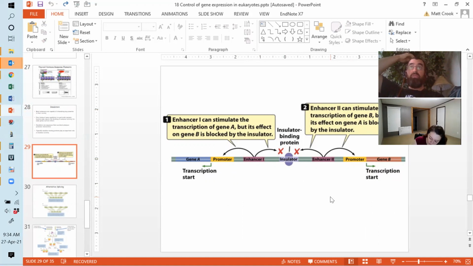Now, if you wanted to coordinate gene expression, this would not be necessary, but many times you'll find genes which have very different roles, or at least their products do, next to each other on a chromosome. And so you want to avoid inappropriately activating a gene because another one neighboring it is being activated. That's what these insulators do. Typically they prevent DNA bending in a particular direction, holding that DNA rigid so that it isn't able to flip over in the wrong direction and inappropriately activate this other gene.